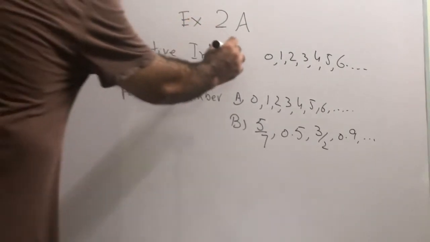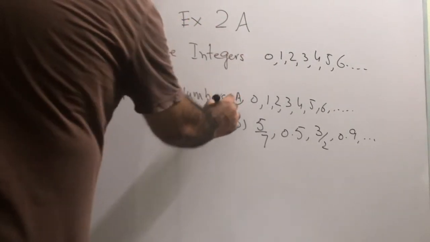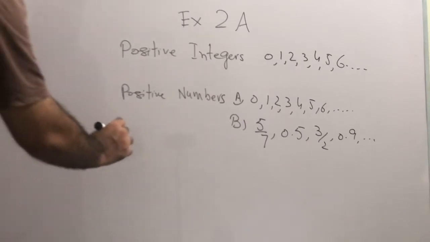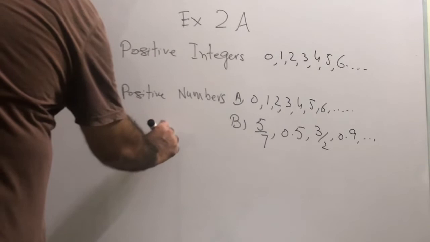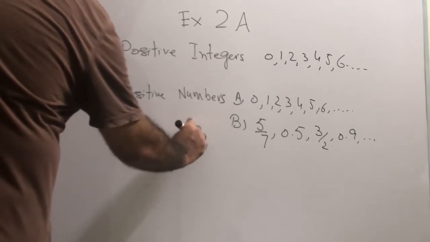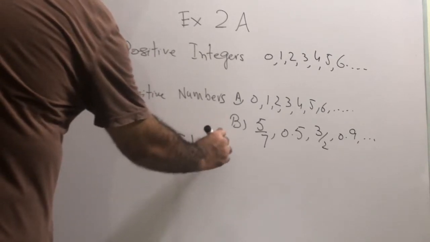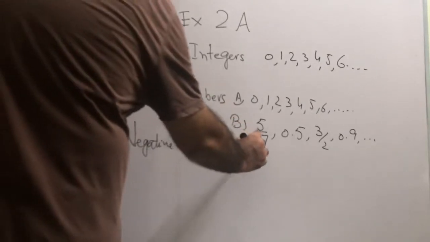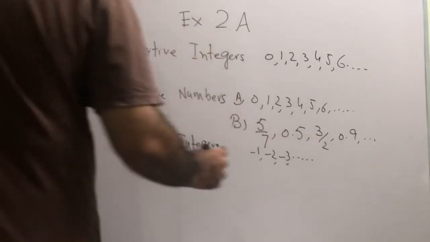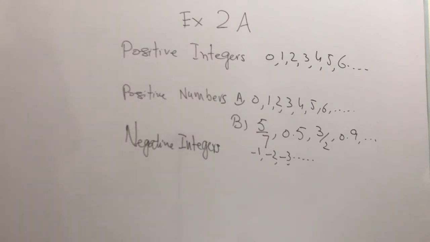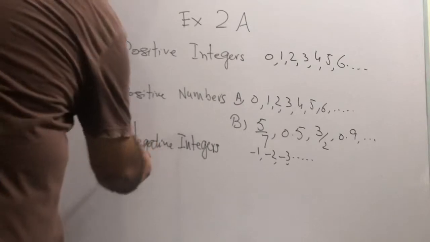So this is the difference between positive integers and positive numbers. Then similarly, if we talk about negative integers, these contain -1, -2, -3 and so on. These are called negative integers. What about the negative numbers?